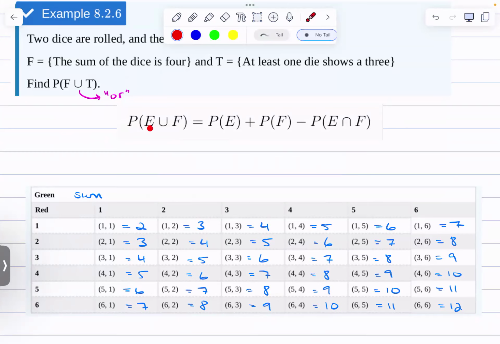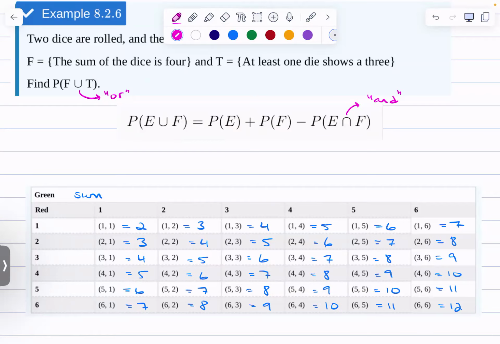Generically, the probability of E or F is the probability of E plus the probability of F minus, so we have to subtract the overlap, which is the probability of E and F. And so I'll clarify here that this is our and notation. And I remember it because it turns into kind of an A if you draw a line, and then the other one is or.